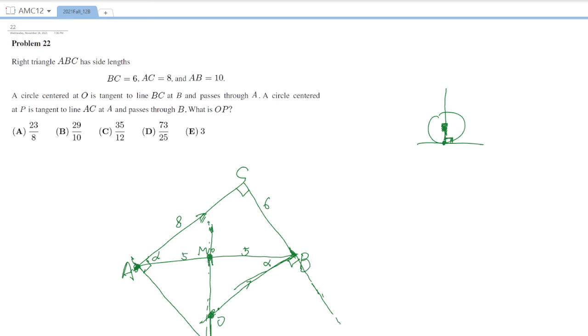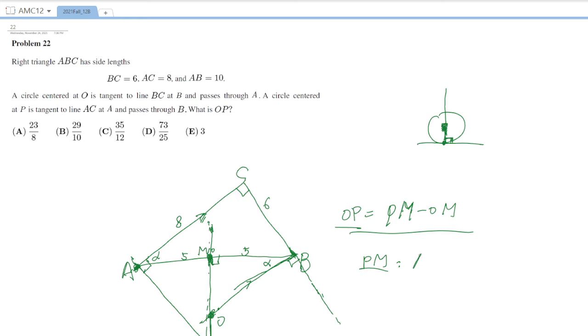So we have 5, 5. We need to get into the two triangles. OP is equal to PM minus OM. How do we solve PM?